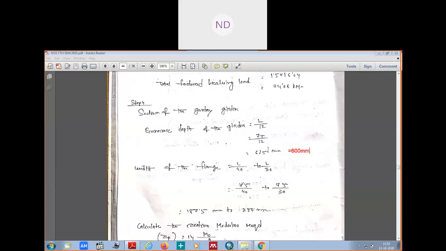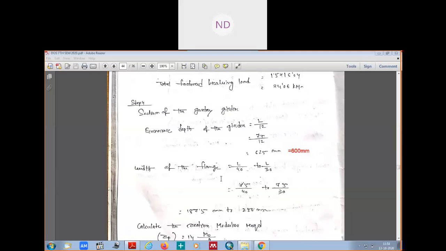Since we are designing, and we have already calculated how much load is going to come, horizontal, vertical, and the different bending moments, according to that we are going to find out which section we are going to take as the gantry girder, such that it can resist those loads.